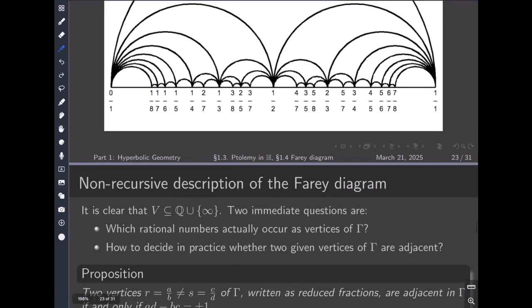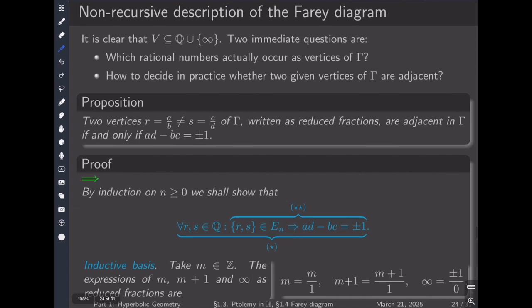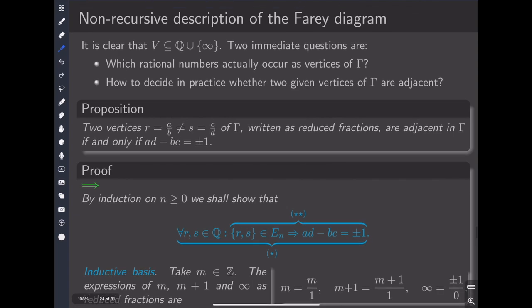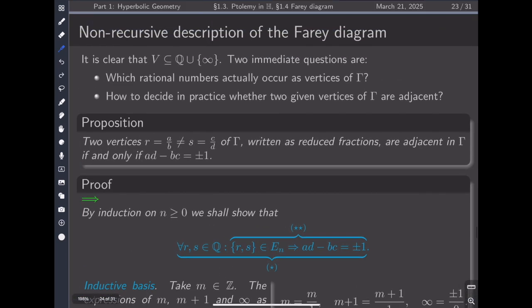And then I guess this is what maybe you want, a one-shot way of saying when two things are adjacent or not. So first of all, we started with the integers and infinity, and together with the naive sum, we started creating other rational numbers.